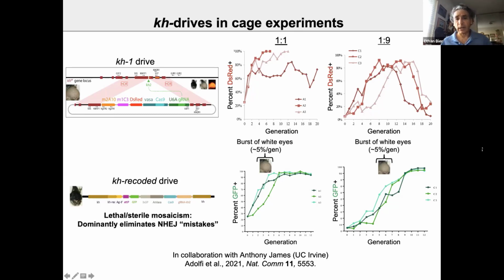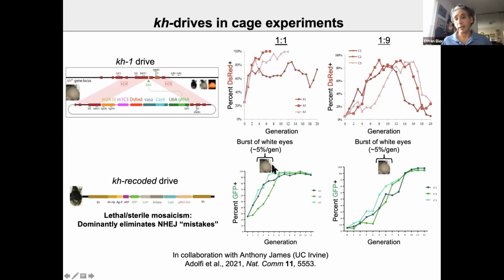And one of the things that was kind of cool about this particular gene drive is, remember, I mentioned that it works based on this principle of lethal sterile mosaicism, wherein if the mother transmits the mutant allele rather than the gene cassette to the offspring, the paternal chromosome gets mutagenized, causing a phenotype which is both white eyes and sterility.